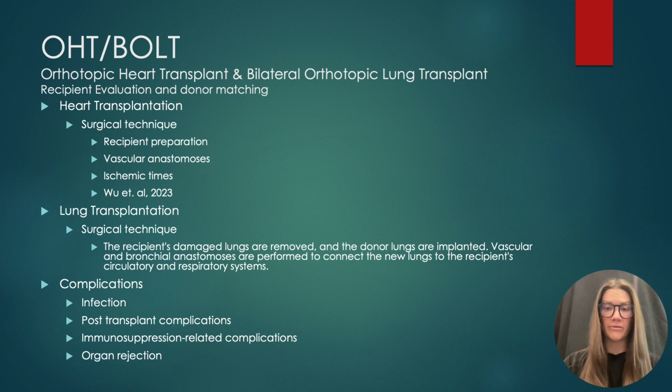So the first part of being up for listing to receive an organ is recipient evaluation and donor matching. For recipient evaluation, candidates undergo a thorough evaluation process to assess their overall health, heart and lung condition, and suitability for transplantation. And then they go through donor matching.